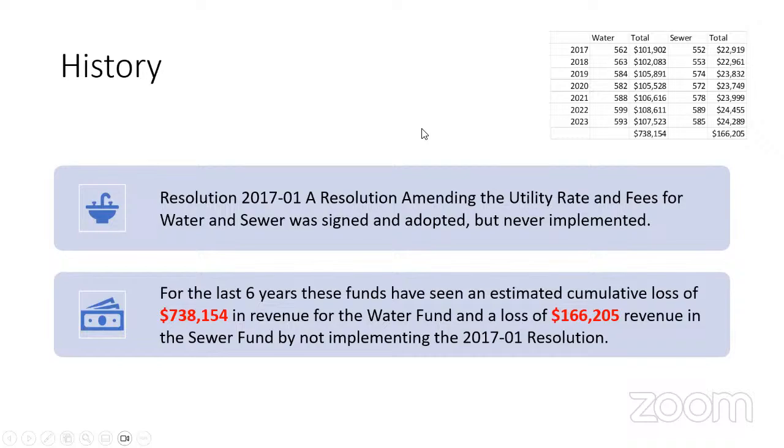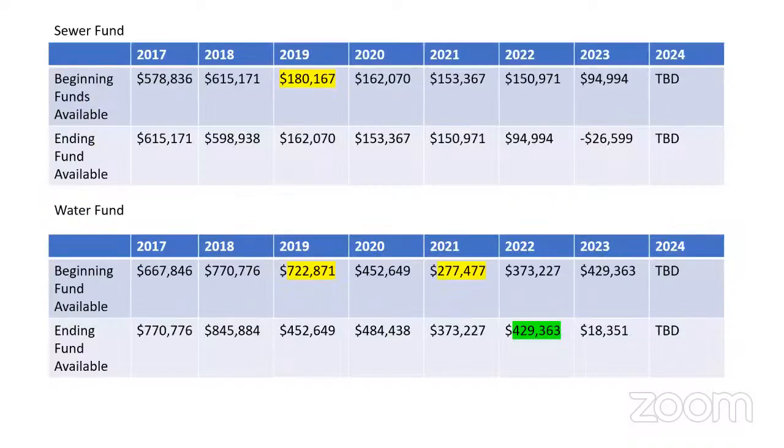Okay, so in speaking with my accountant today, we went back through the water and sewer funds' beginning and ending fund balances. And what she explained to me, and this is different from our previous accountant, so we just got a new accountant about 2 months ago, and the accountant provides us with our ending fund balances.